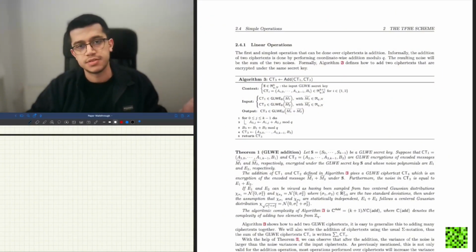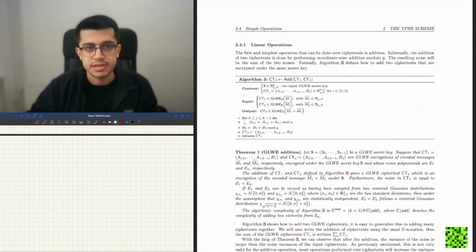So addition of ciphertexts should give the underlying addition of plaintexts. Our algorithm is simply a for loop, adding every single entry of the underlying GLWE ciphertexts and assigning them into a new ciphertext we call CT3. So we simply add the A_i's and B_i's, and at the end assign them into the corresponding entries of CT3, and that's it.